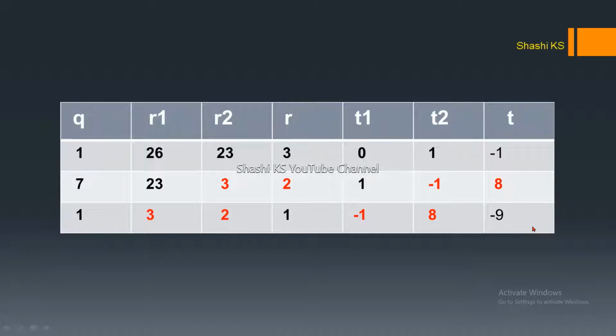This goes on and on. This will continue till the value of R1 becomes 1 and the value of R2 becomes 0. And then when you reach that iteration, the value which is stored in T1 would be the multiplicative inverse for your 23.